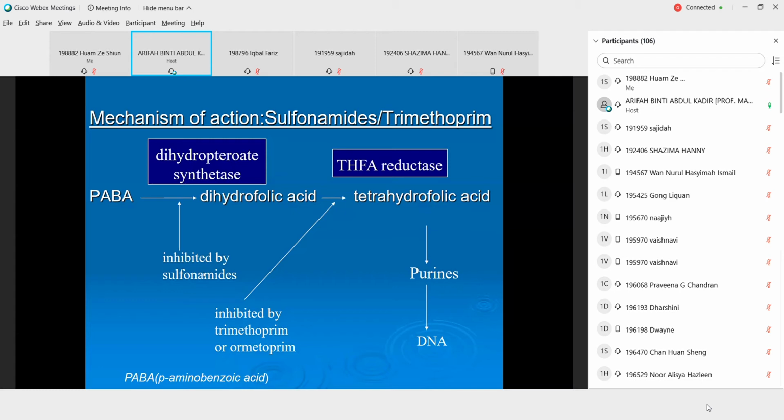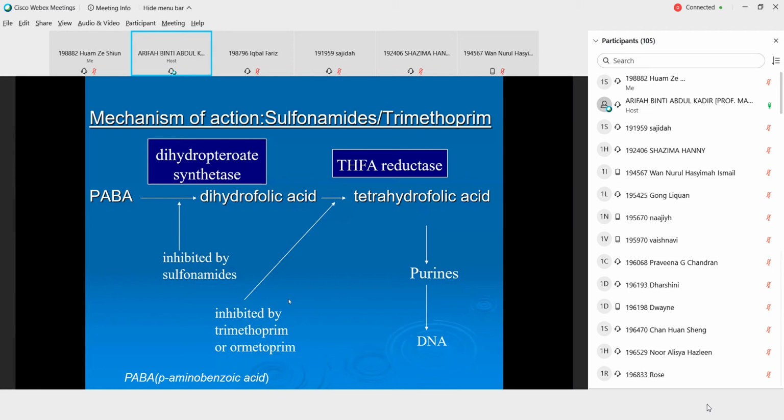So sulfonamides inhibit the enzyme that is responsible for the conversion of PABA to dihydrofolic acid. And trimethoprim or ormetoprim, it's either one, we added to the sulfonamides.